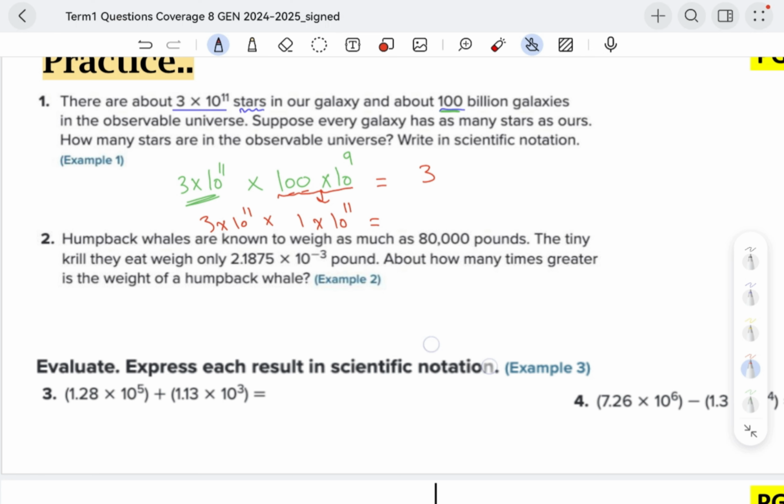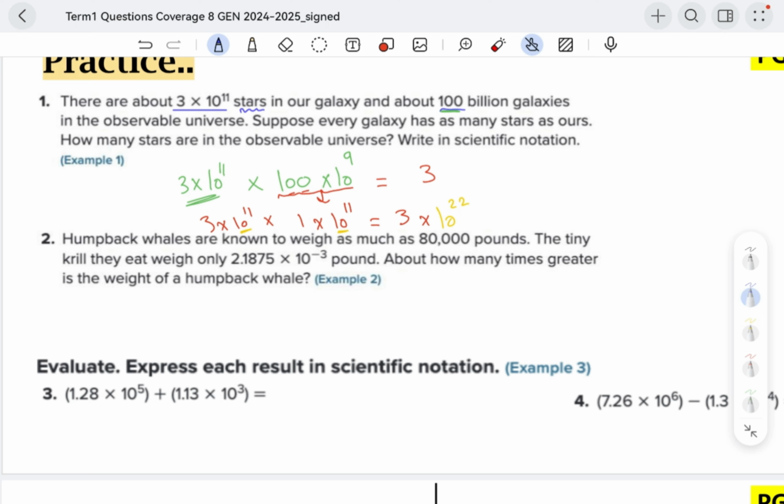Now we can simplify. 3 times 1 is 3. Bases are similar. Here, as you can see, 10 to the power 11, and here we have also 10. Since the bases are similar, we're going to add the exponents. 11 plus 11 is 22.